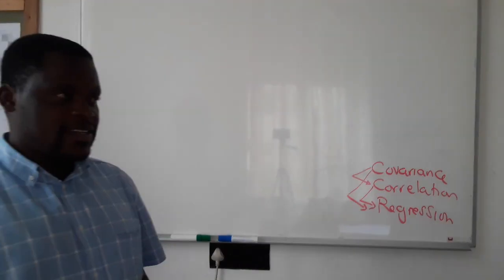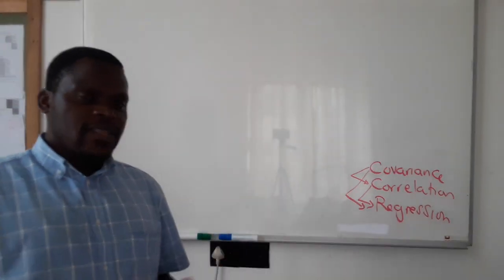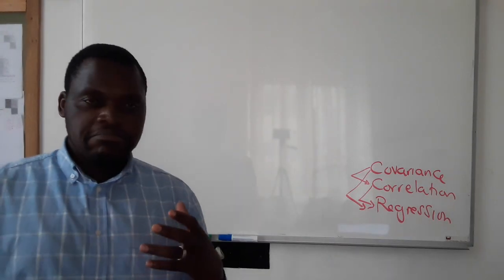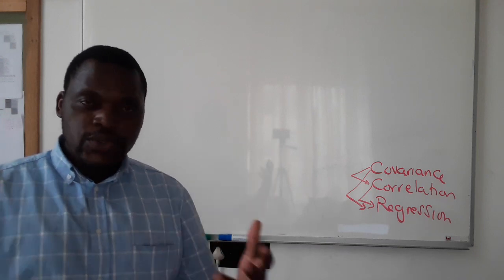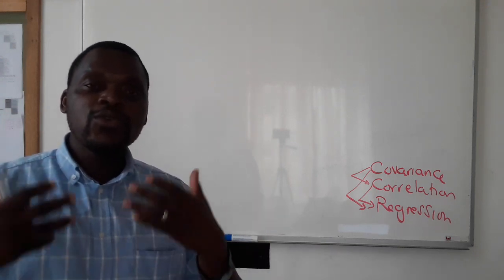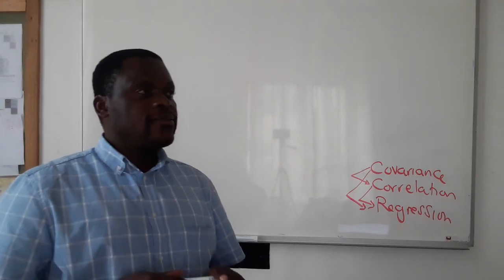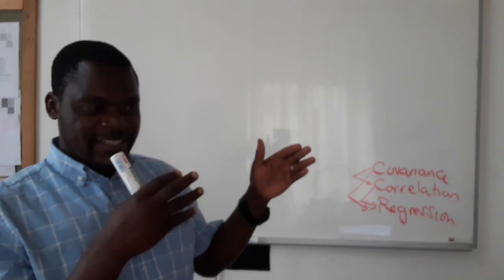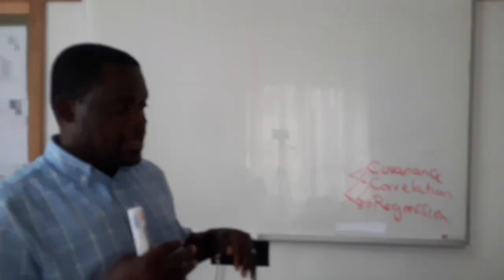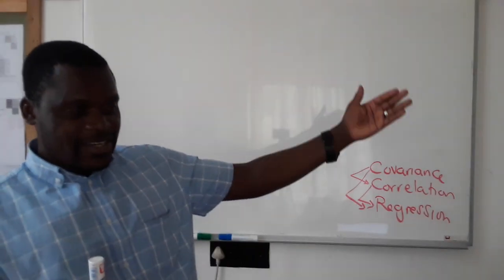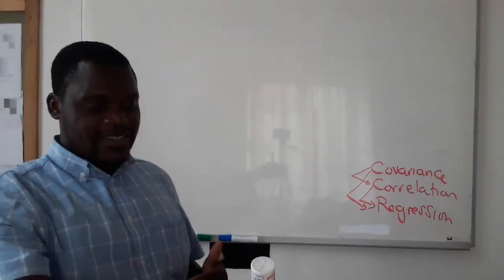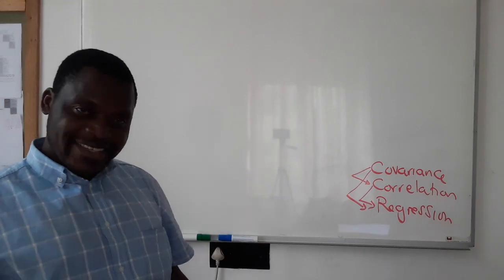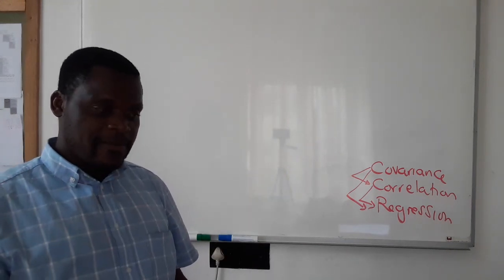So what is covariance? Coming from the word covary, it means that we are looking at the extent to which two economic variables tend to move together. Variables can move together in the positive direction, which means as one variable increases, another is also increasing, or as one variable decreases, another is decreasing.